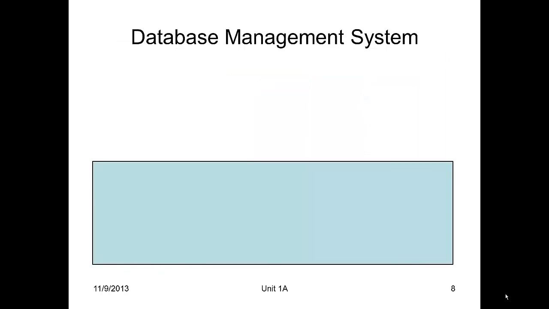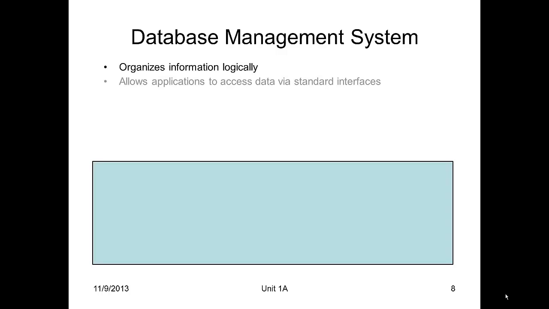Database management systems. They organize information logically. They allow applications to access data via standard interfaces, structured query languages, or SQL, so that the application itself doesn't have to concern itself with the internals of the database management system. It just says, get me this data, and the DBMS translates that into the right commands and provides the data.